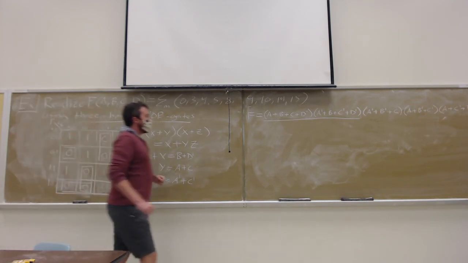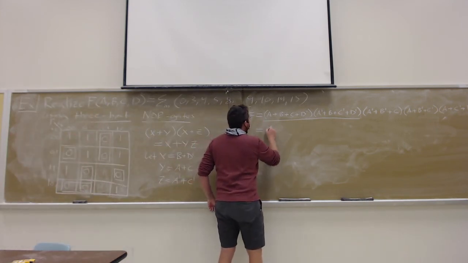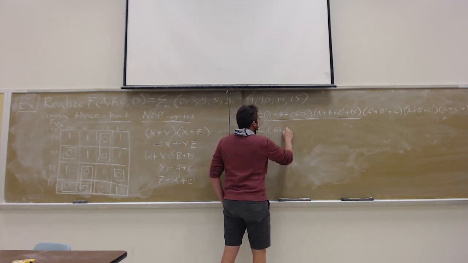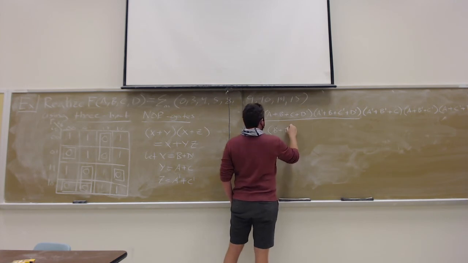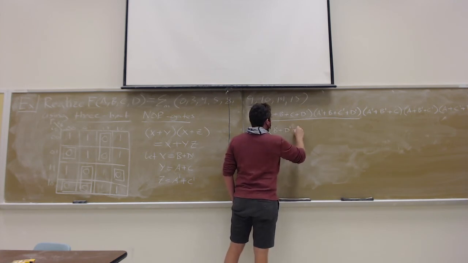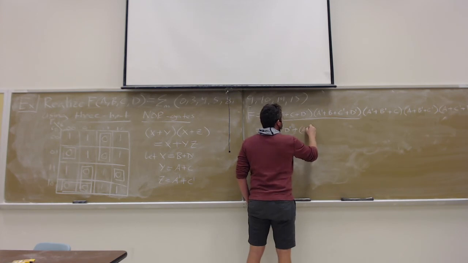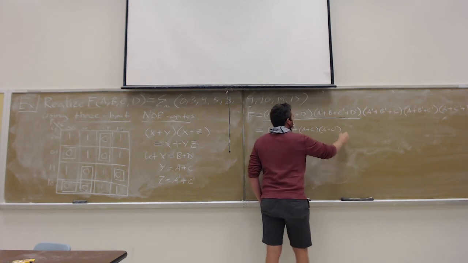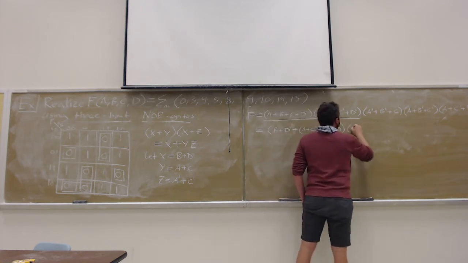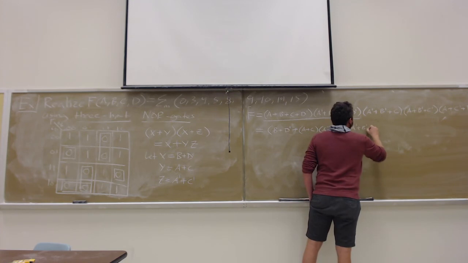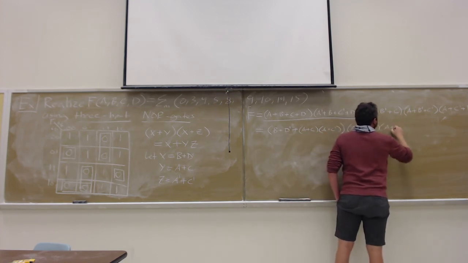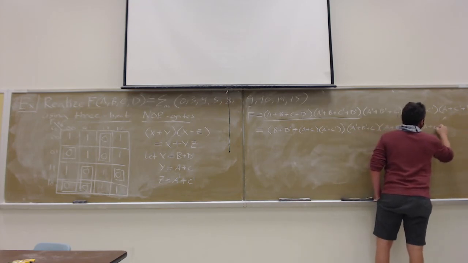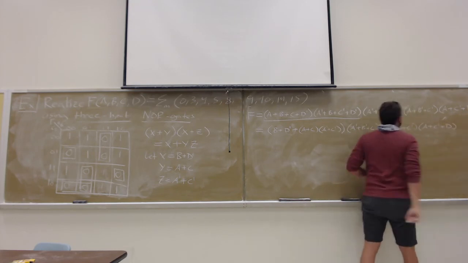So that means that these two terms are going to combine to give us this: B or D prime or A or C and A prime or C prime. And then the rest of it: A prime or B prime or C, A or B prime or C prime, and A or C prime or D.